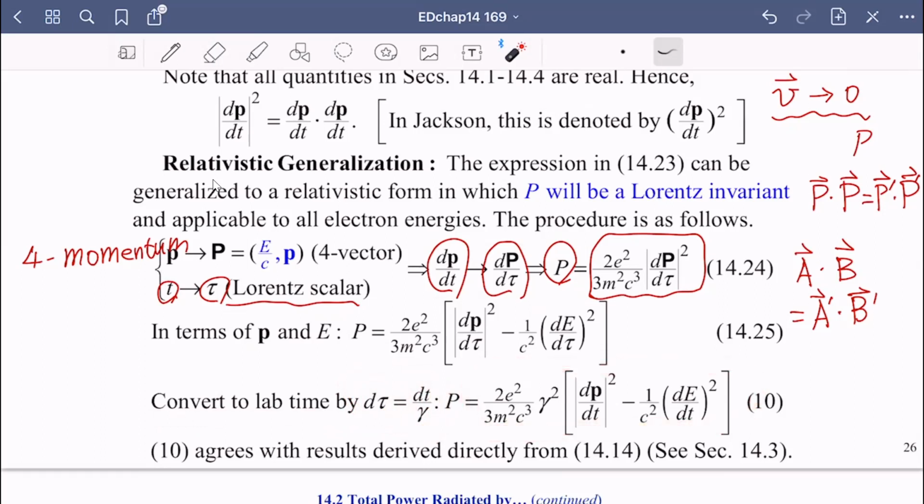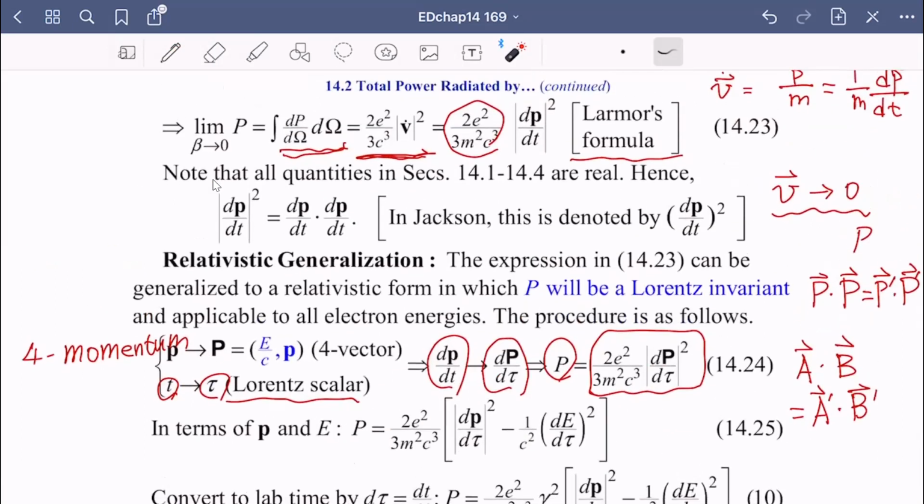That's very smart, because if you want to derive this equation, you can imagine how much work you need. However, we just generalize from Larmor's formula, and then with knowledge of special relativity, we generalize this equation into this equation.